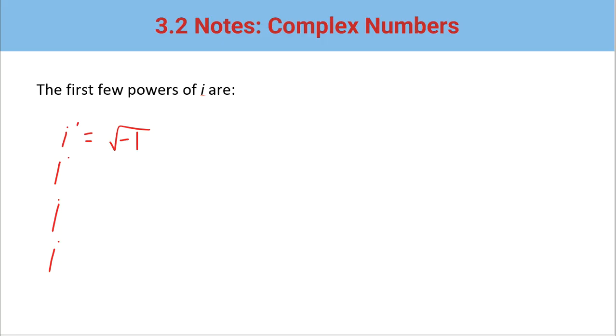But let's think about i squared for a moment. What does that mean? That means i times i. So that means the square root of -1 times the square root of -1. You could also say that is the square root of -1, squared. Well, that's just going to give me -1.